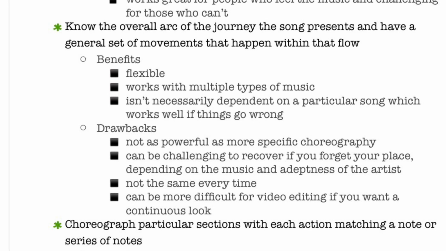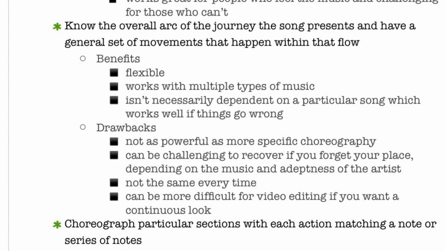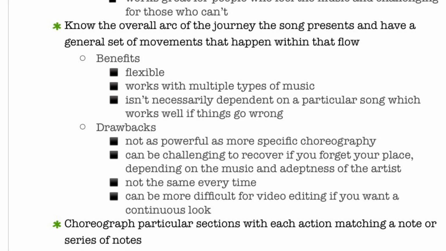Now, the advantage of this is that you can do this spontaneously to any music because you have a general flow. For example, you may do a section of weaves, a section of flowers, followed by a section with butterflies, as an example. And that can apply to any track and isn't necessarily dependent on a specific piece of music.